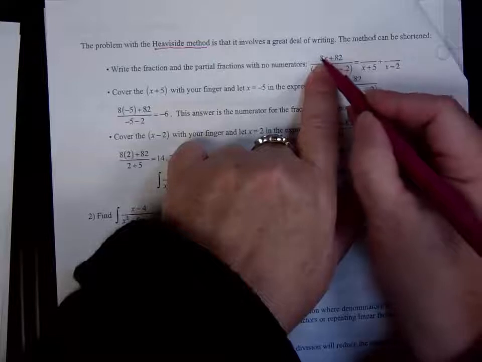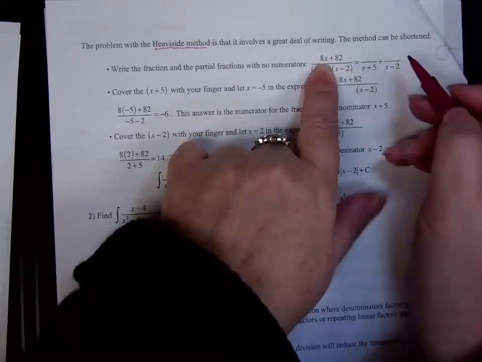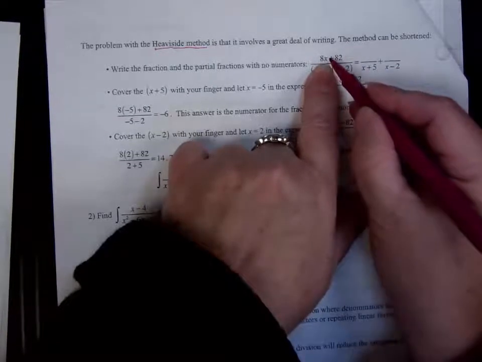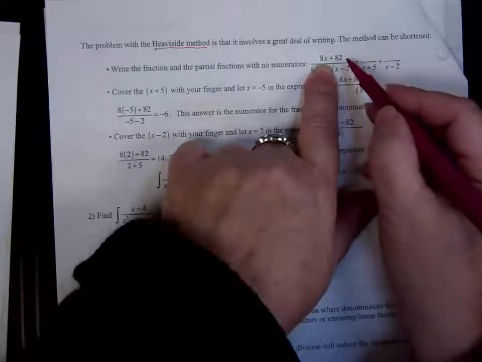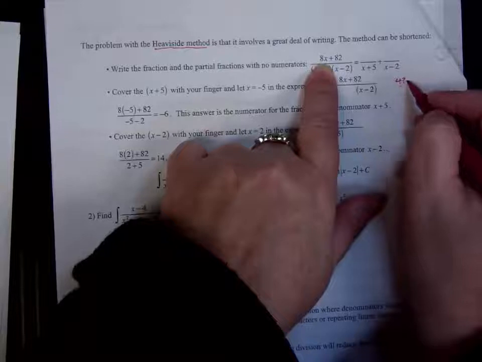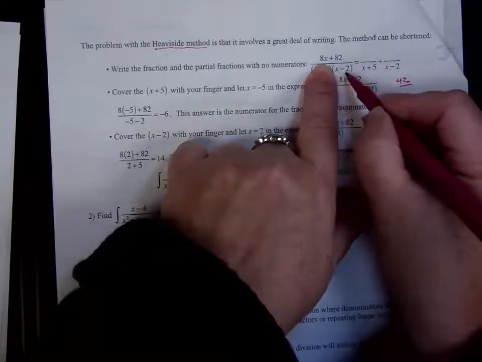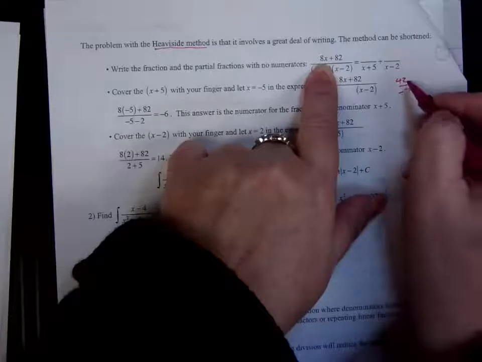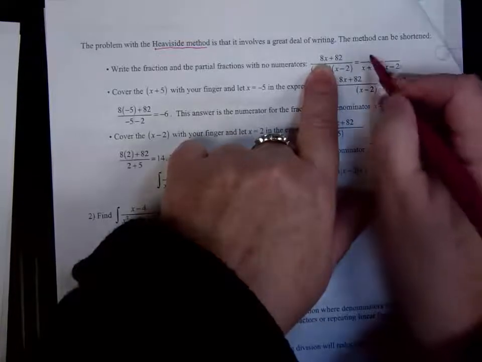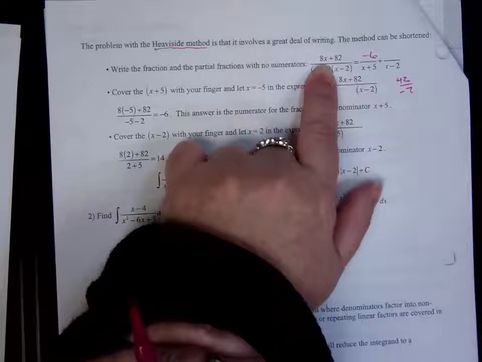So if I plug negative 5 into the top, that would be 8 times negative 5 is negative 40, plus 82, which is 42, over negative 5 minus 2, negative 7. What does that reduce to? That is negative 6, and that's the top number right there. See, I did it all in my head.